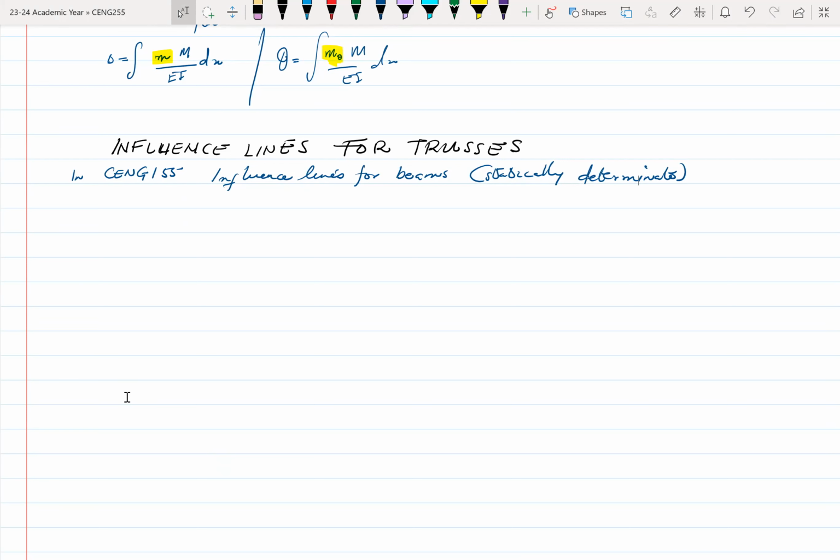All right, so let's look at it this way. What we have been looking at so far is that if you have a beam or some frame system or some truss system, you usually have some load on it.